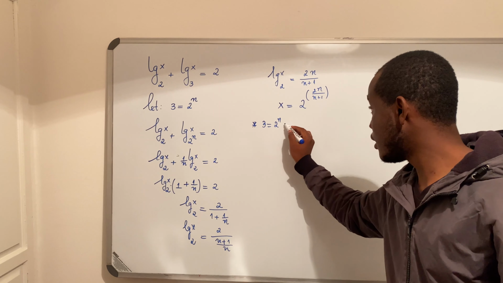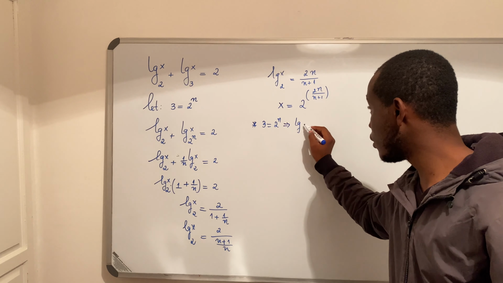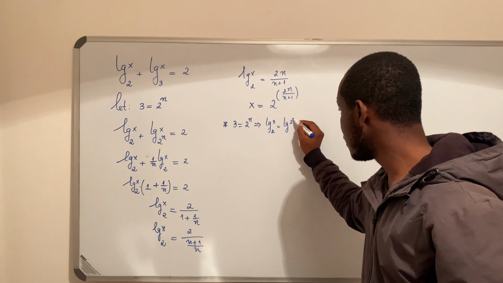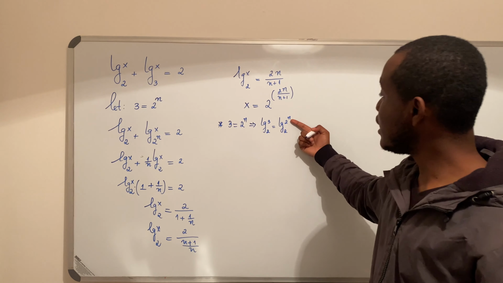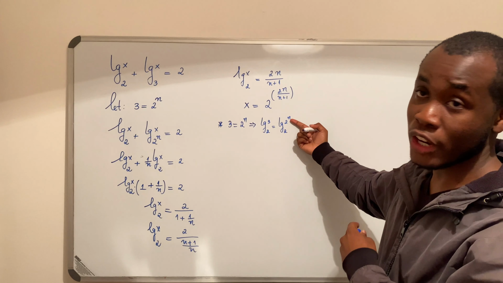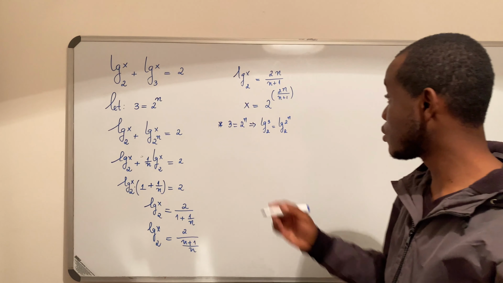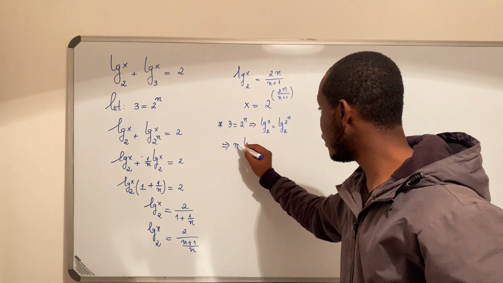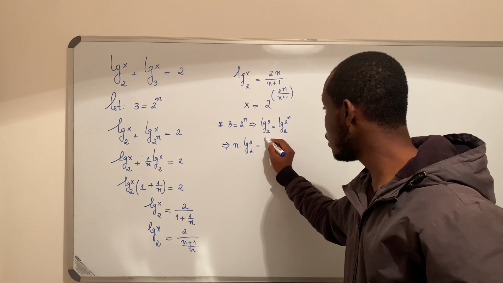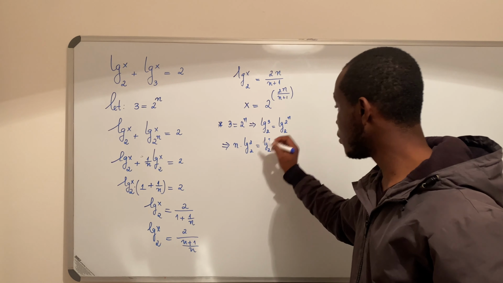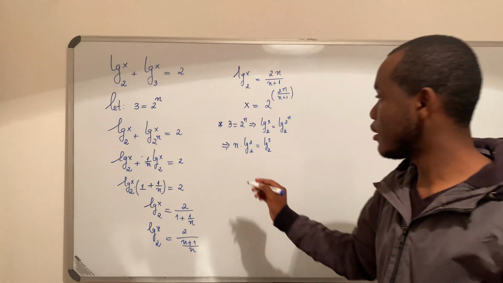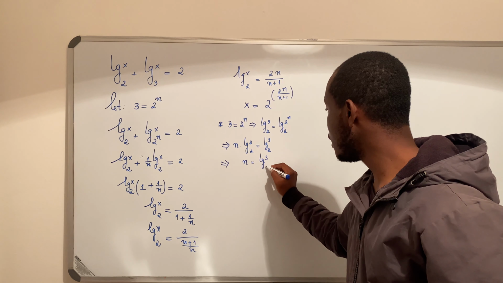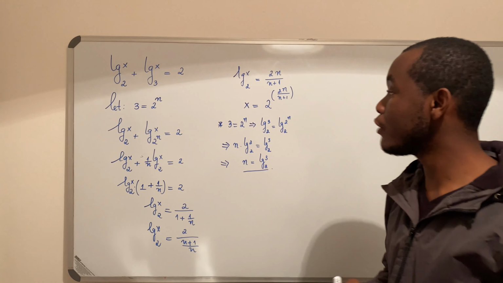So I put log to the base 2 on the left, and I will do the same on the right side, to the base 2. Then this n in the exponent of the argument can go to the front, multiplying this log. So we're going to have n times log 2 to the base 2 equal to log 3 to the base 2. Log of 2 to the base 2 is 1. Then n is going to be log 3 to the base 2. That's the value of n.